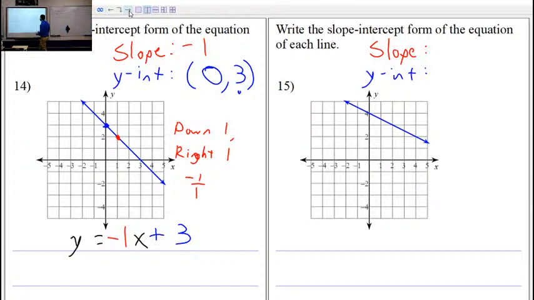For our y-intercept, we want to look at the place we want to start. We want to track up here and look for where our graph crosses the y-axis. It's right there. What is that point? (0, 4). The x-coordinate's always 0, and the y-coordinate there is 4.